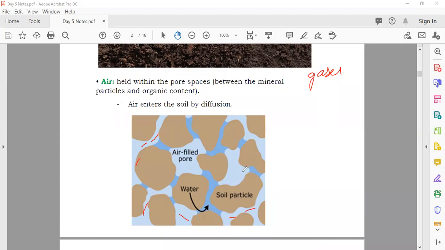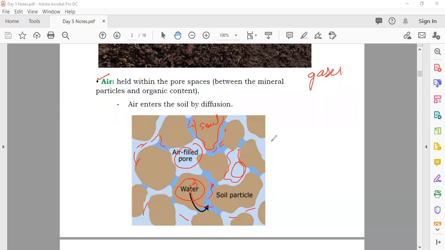You can find the water present inside the soil, and these pores, for example this one, they are the air particles. Again, these blue parts are the water areas, these brown colors are the soil particles, and these white places are air particles.